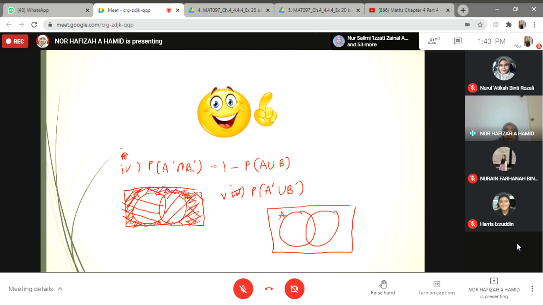You need to shaded region A complement, ini event lain dari A, and B complement, this region. Shaded region sama macam yang tadi, yang number 4.